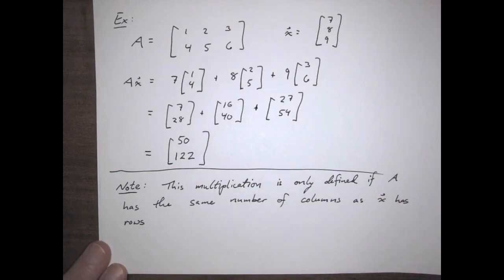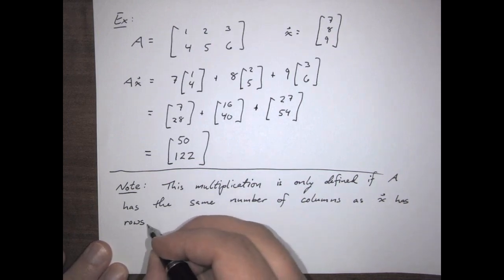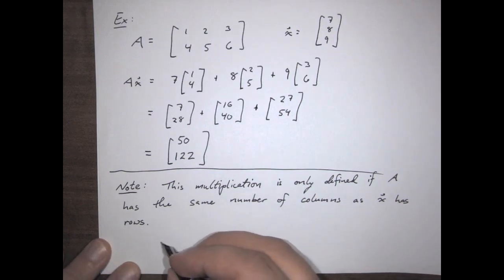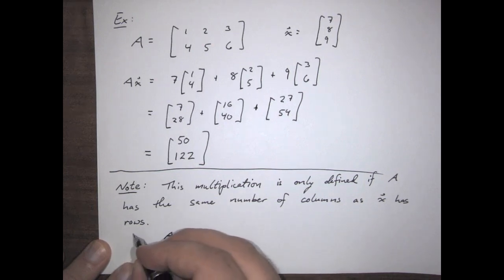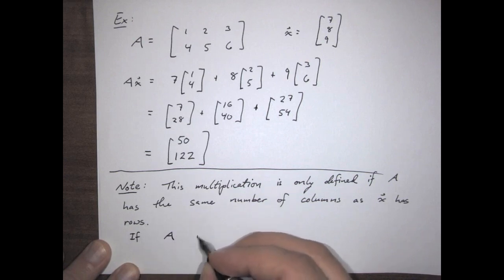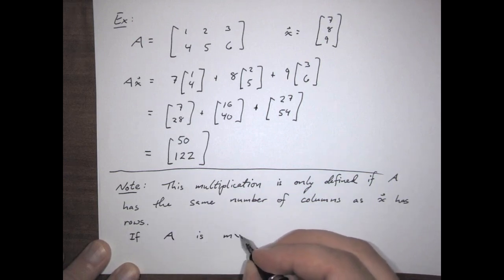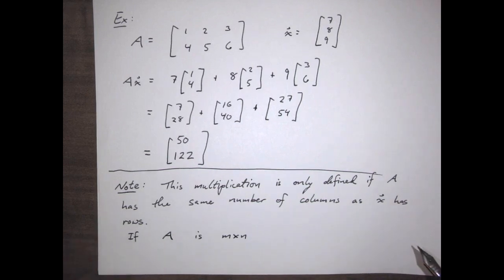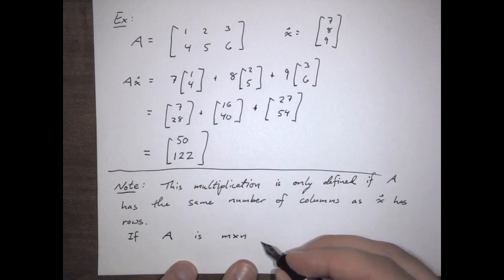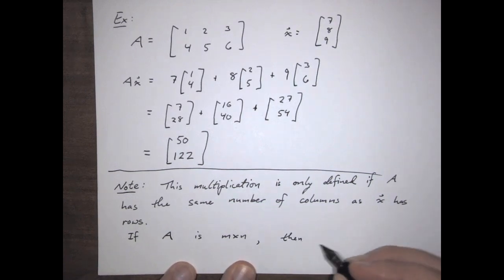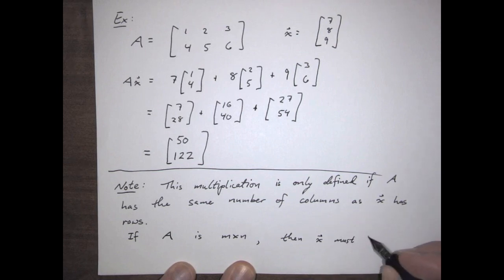So in particular, here, if A is m by n, remember the notation, m by n, first comes rows, then comes columns, then x must be n by 1.